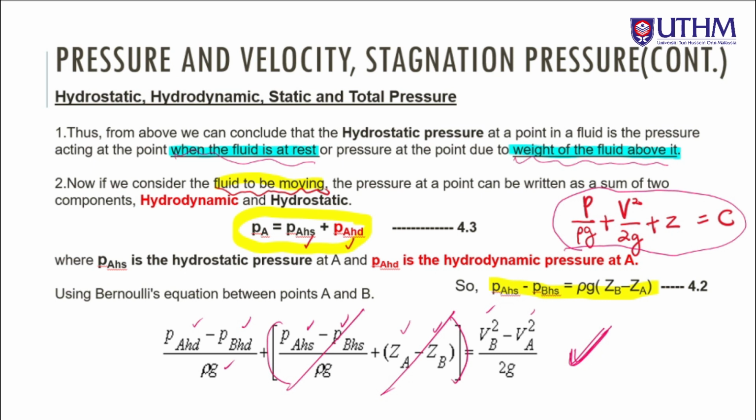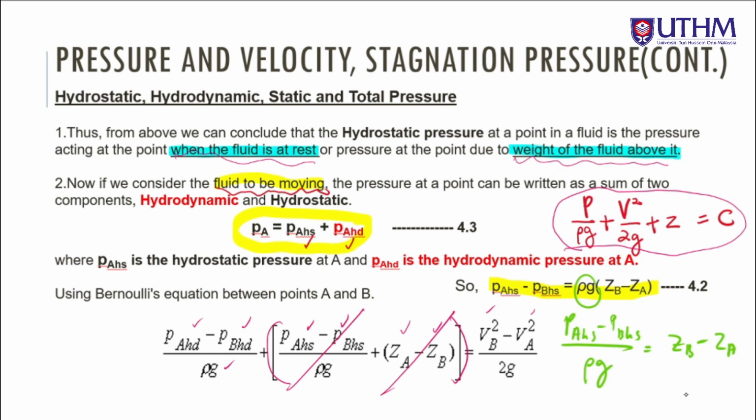Sekejap, ini pun saya padam sekejap. Okay, so saya tukar colour. Since PA minus PB, kita bawa yang ni ke sini, PAHS minus PBHS. Rho G ni kita bawa ke kiri, over rho G equals to apa? ZB minus ZA.